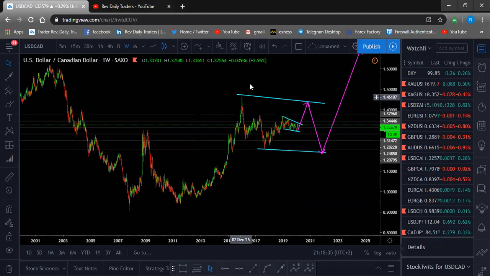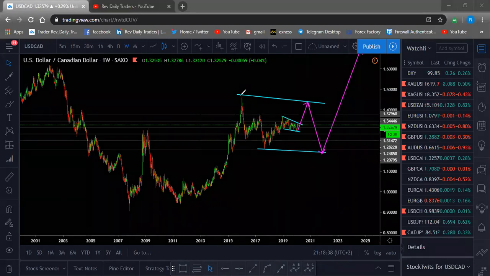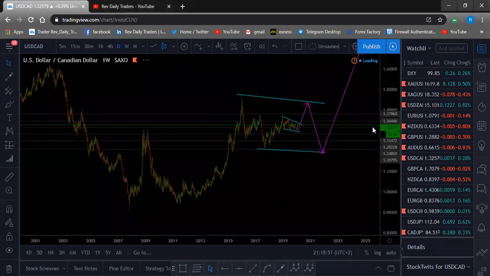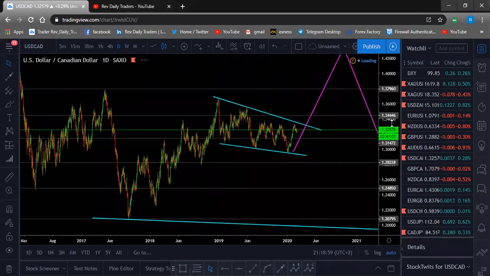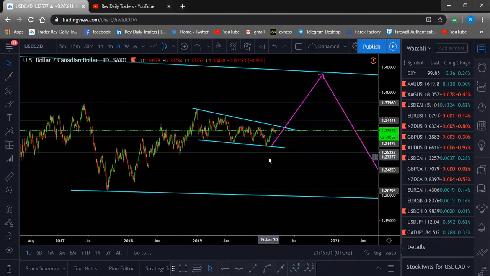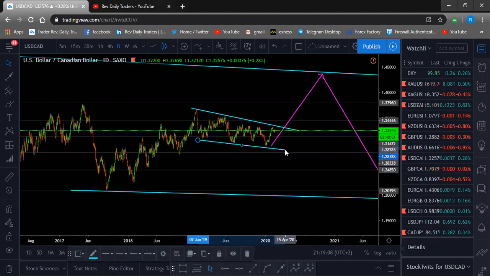We might test this high, then we go down, okay? We might do that, okay, guys? Then on daily, what we're going to do here is to see if the market is ready or not to move lower.